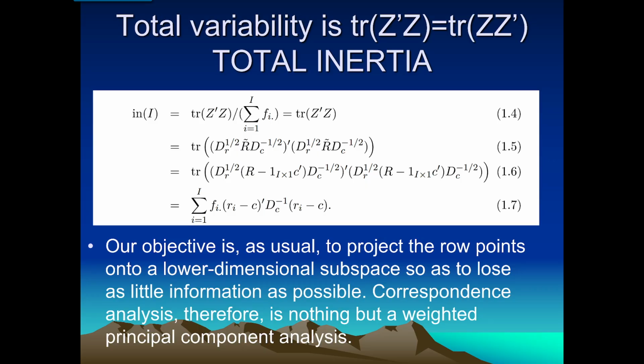So, with this matrix Z, if you want to project points in a lower dimensional subspace and lose as little information as possible, what do you do?